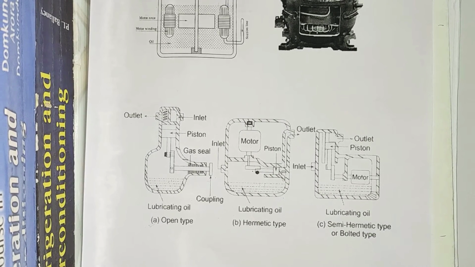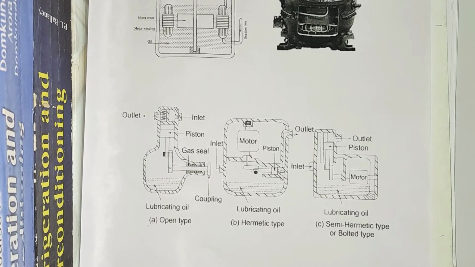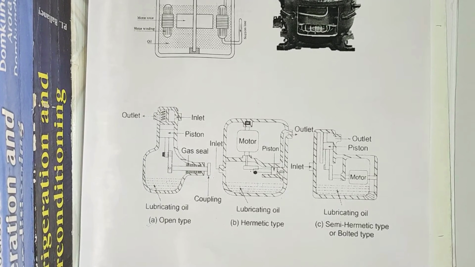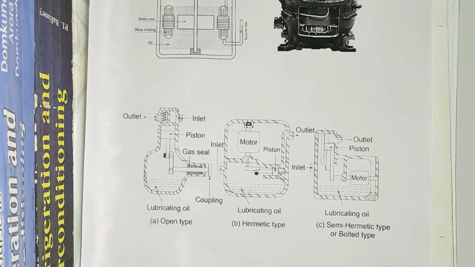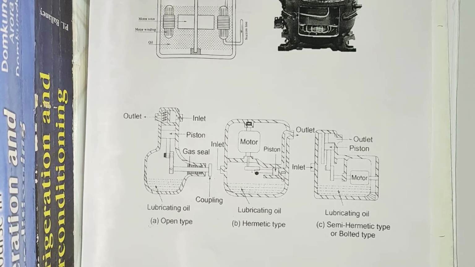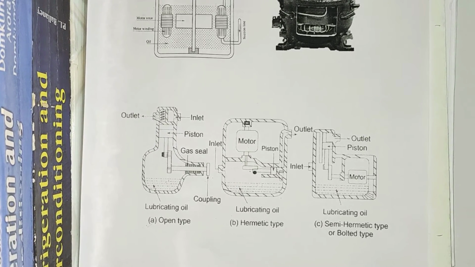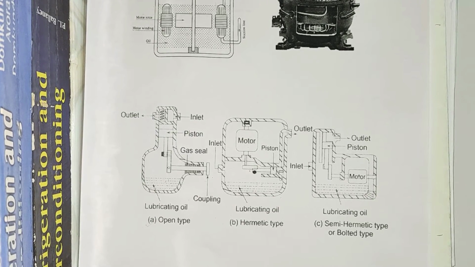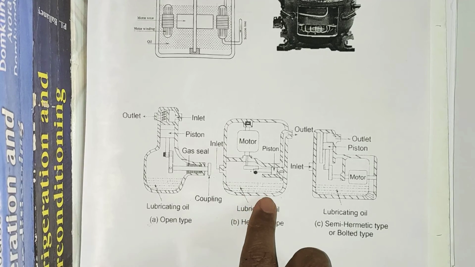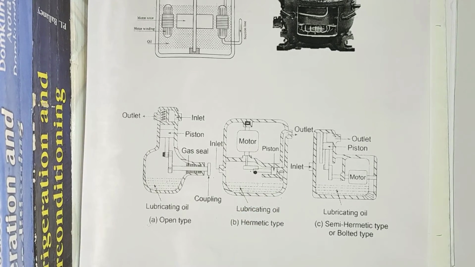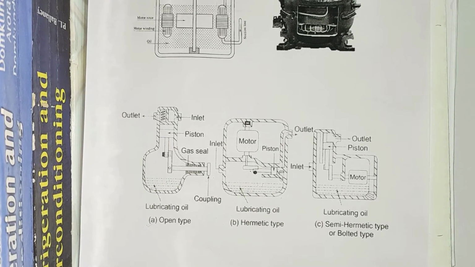However, these hermetic compressors are almost universally used in small systems such as domestic refrigerators, water coolers, air conditioners, where efficiency is not as important as human comfort. In addition, the use of a hermetic compressor is ideal in systems which use capillary tubes as the expansion device.